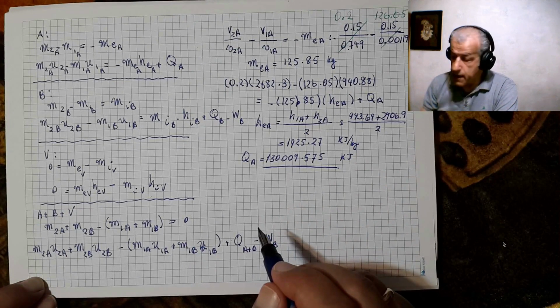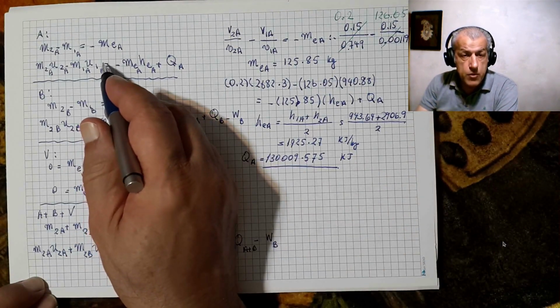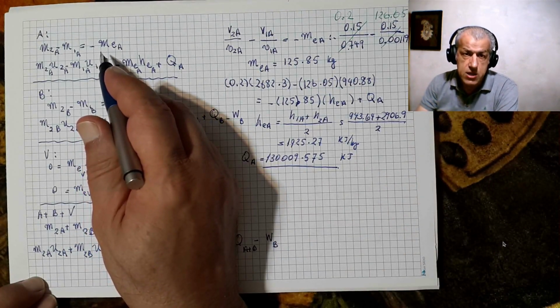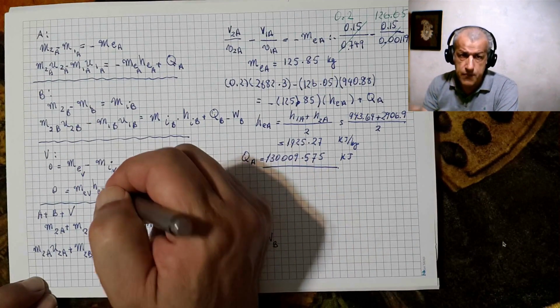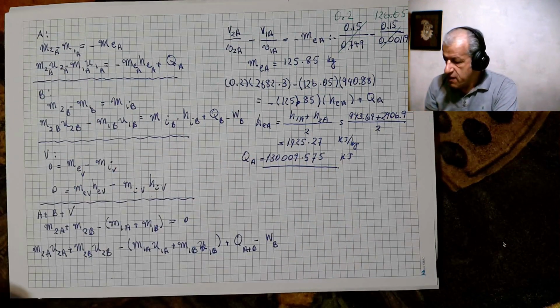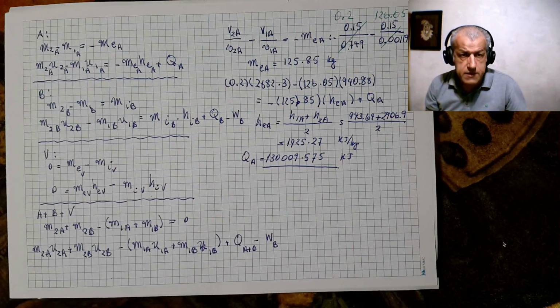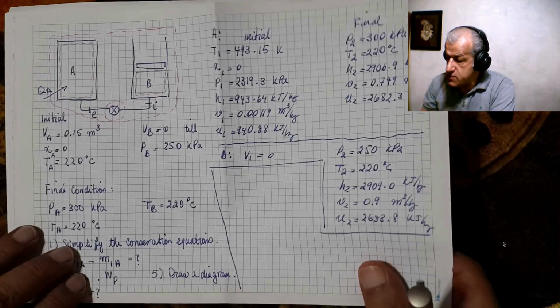We are now done with both mass conservation and the energy equation for A. I would move to the valve, because it's very easy to handle.